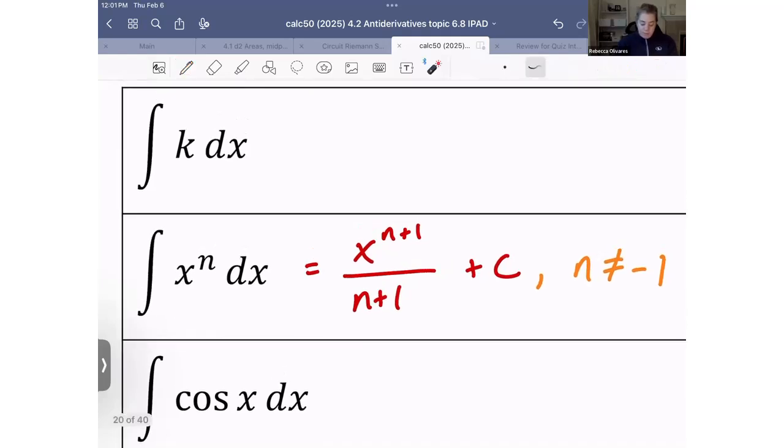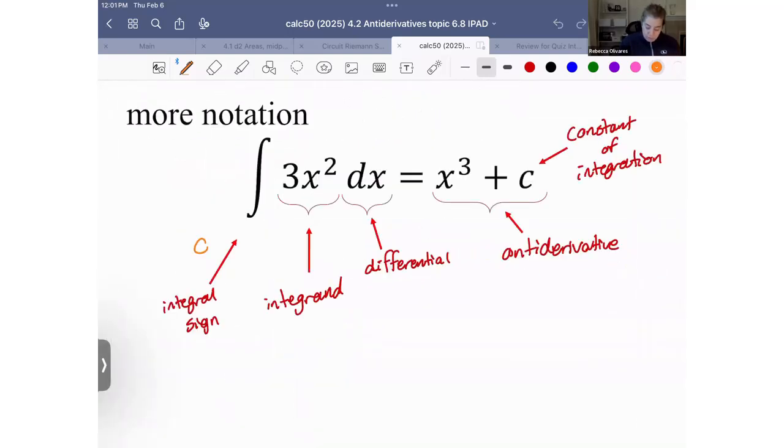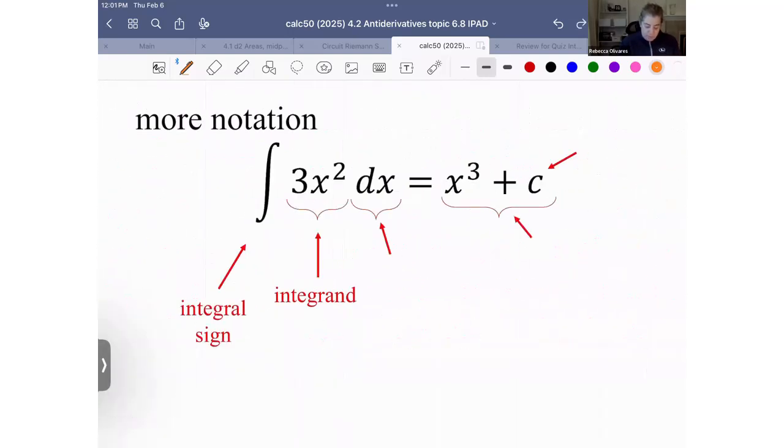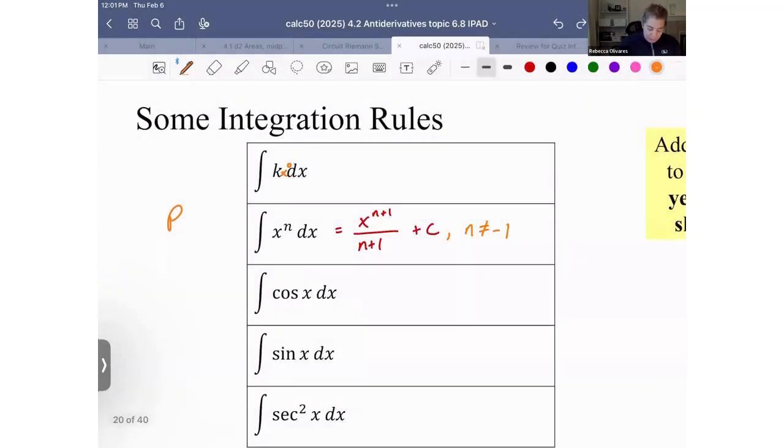Okay, the rule right above it with the integral of k dx, this is a constant, and they're using k to represent constant, so it's not to be confused with our constant of c. Essentially, you can think about this as being like k times x to the 0. So then you can follow the same rule. This rule, by the way, is called the power rule.